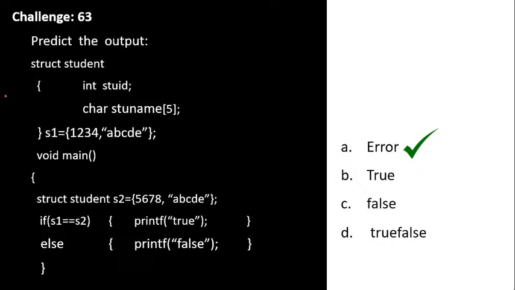It has to be: if S1.studentID is equal to S2.studentID and S1.studentName is equal to S2.studentName, and if both are true, then print true. In that case it will be correct, else it is wrong. Right?